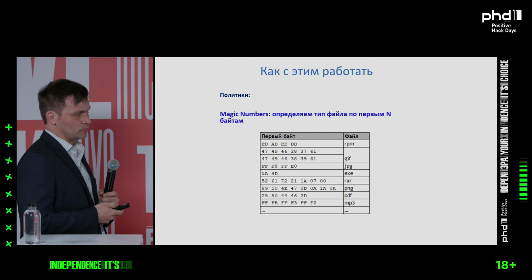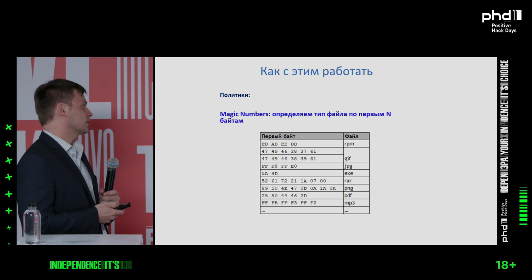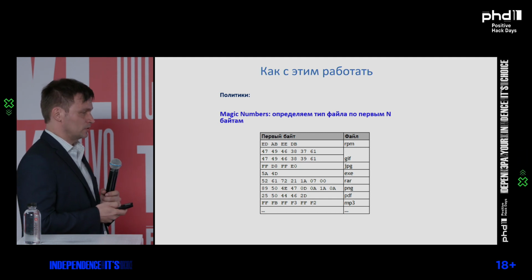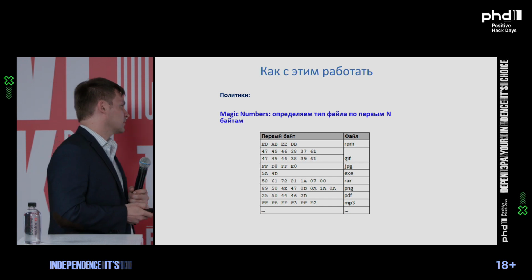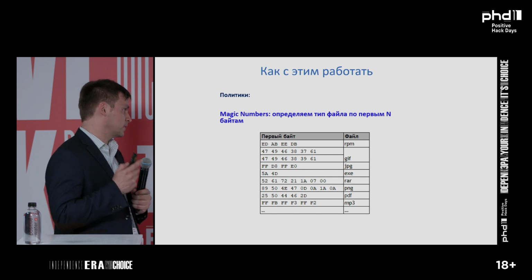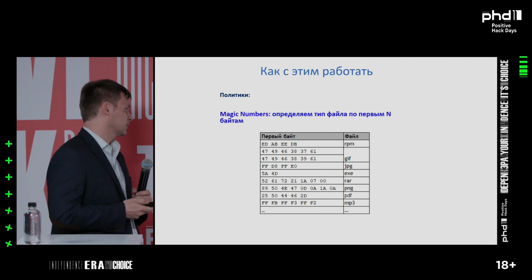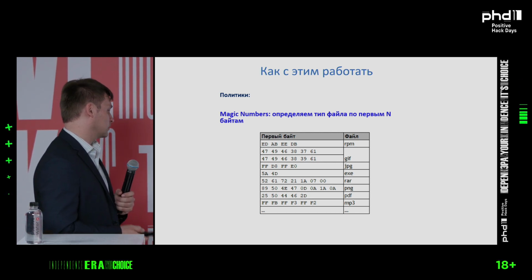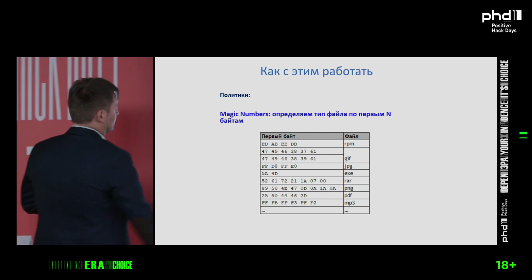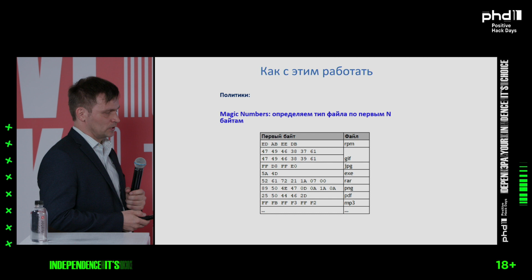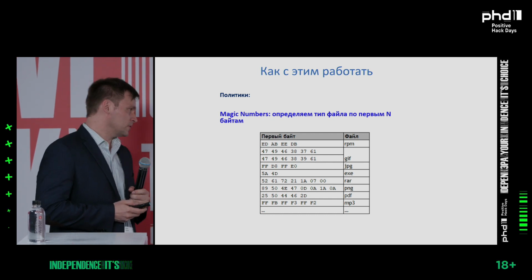How do we verify the type of a file by the first n bytes? We have heard some presentations regarding that topic. We use magic numbers. We define them for the first n bytes. There are some combinations for n bytes. Yesterday we had a presentation about how to forge a PDF file with a Python script so that it will be shown as PDF.